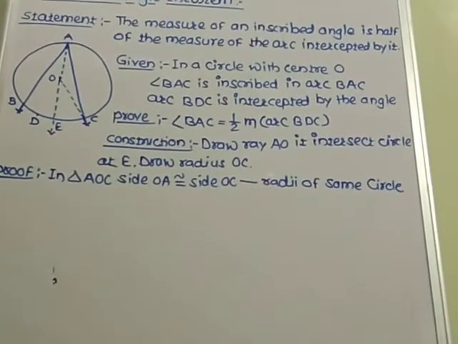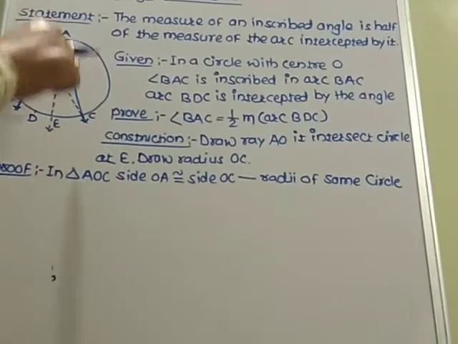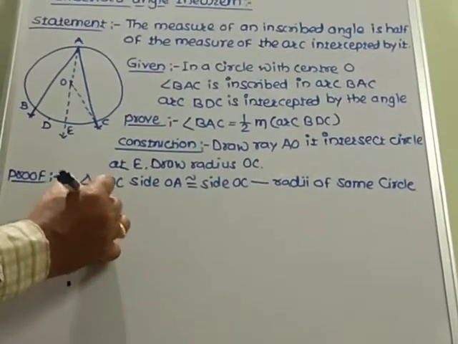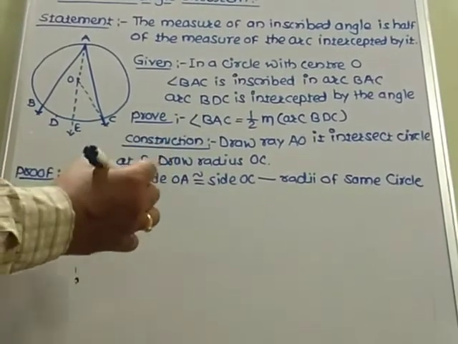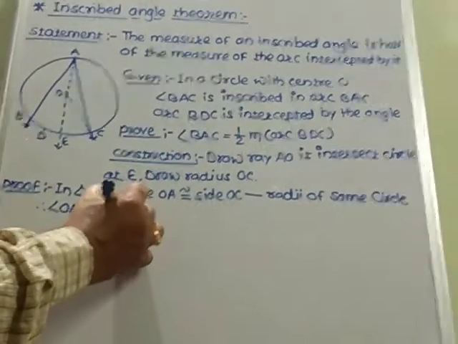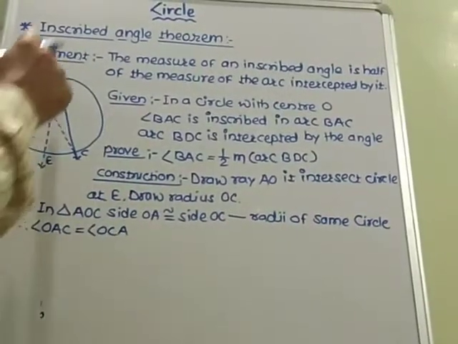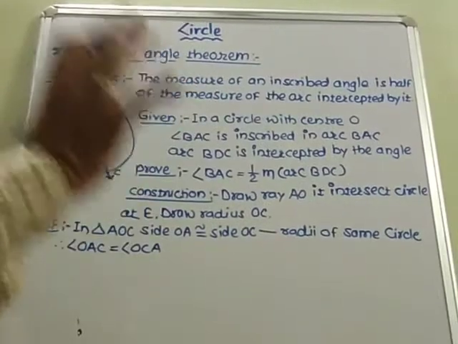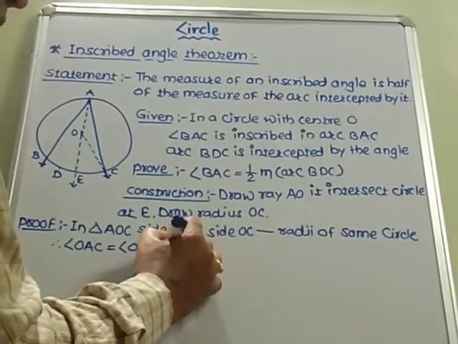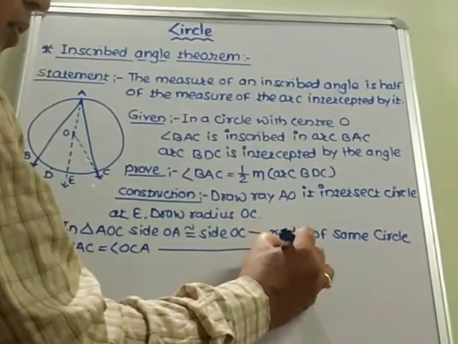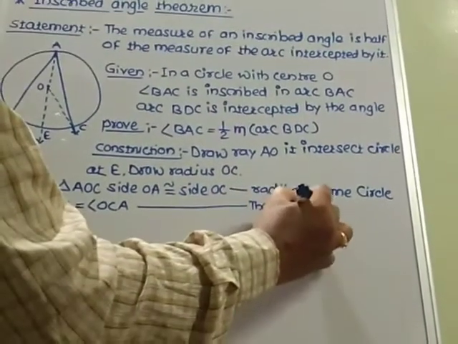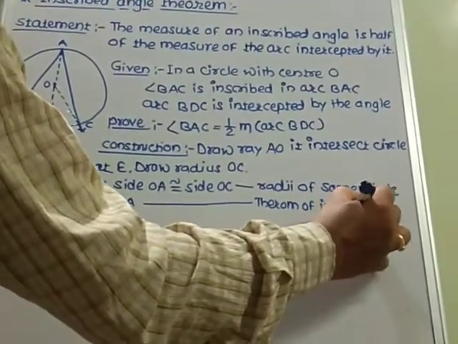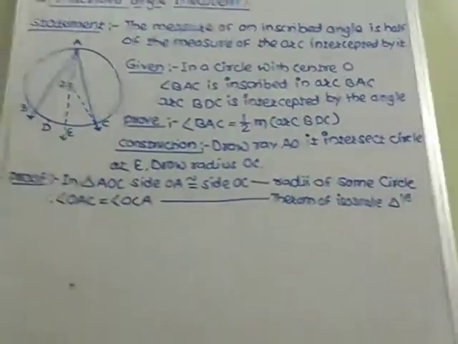Therefore, angle OAC is equal to angle OCA. Both angles are equal, by the theorem of isosceles triangle.